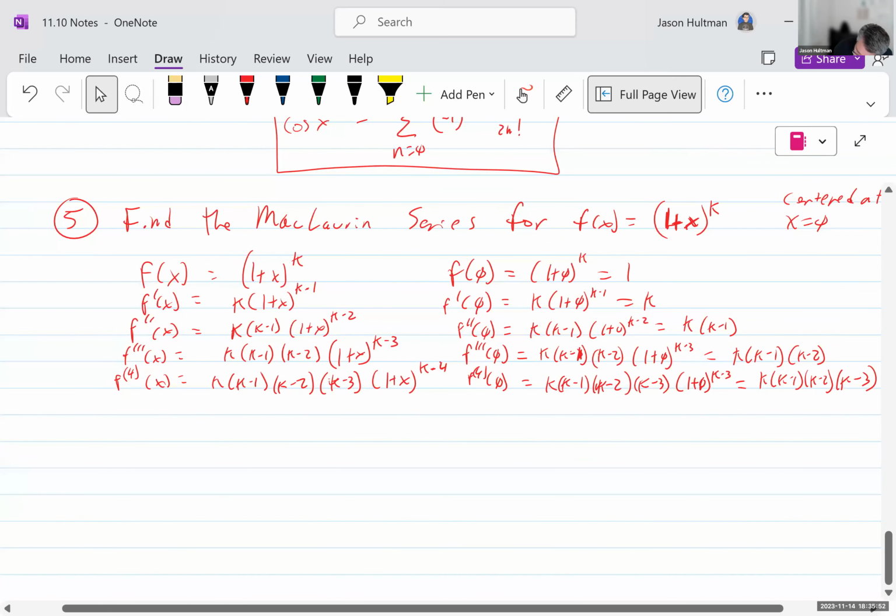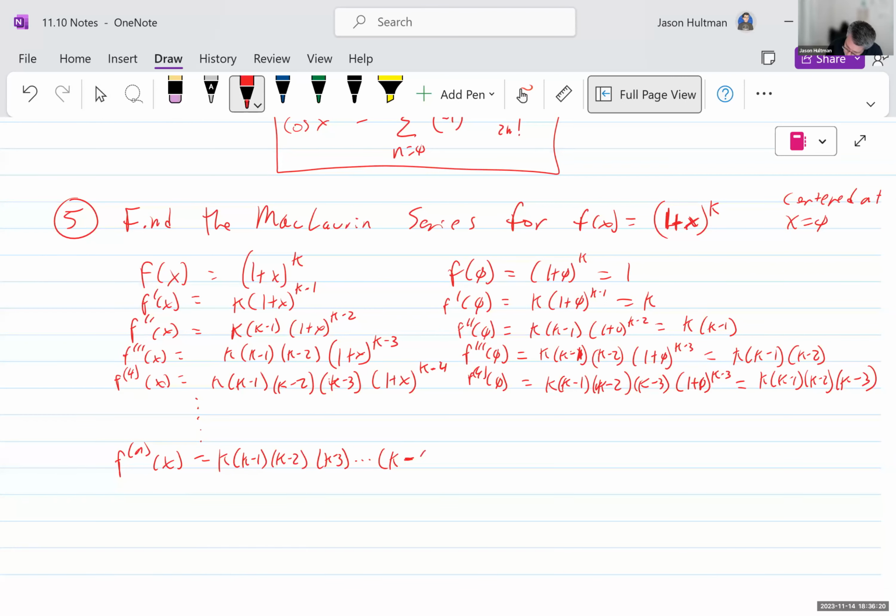Let's do this for the nth derivative of f of x. That would be k times k minus 1 times k minus 2 times k minus 3 times dot dot dot times k minus what? What will be the value there? Well, it always seems like I'm doing n minus 1, right?